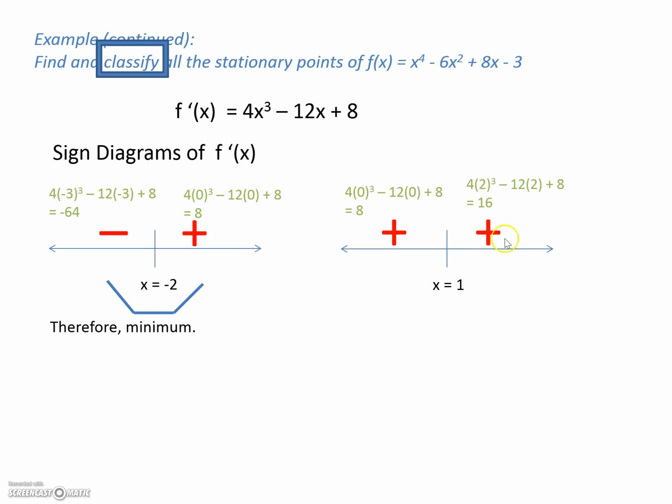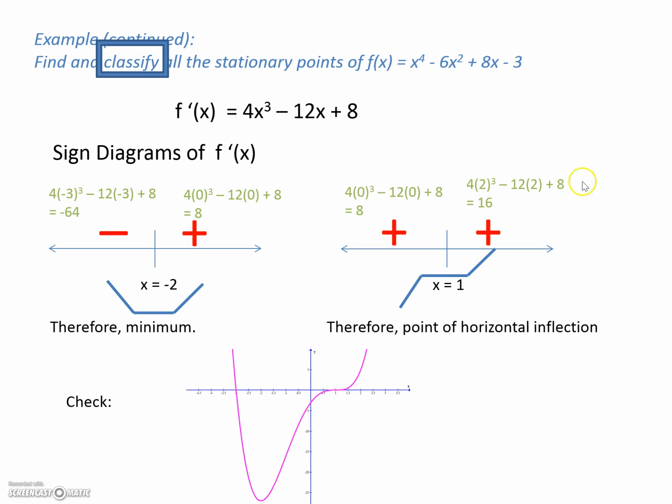So you're going to have positive there too. So it goes from a positive to 0 to a positive, so that's called a point of horizontal inflection. And just checking on our picture, there's a minimum there at x equals negative 2, and a point of horizontal inflection right there at x equals 1.